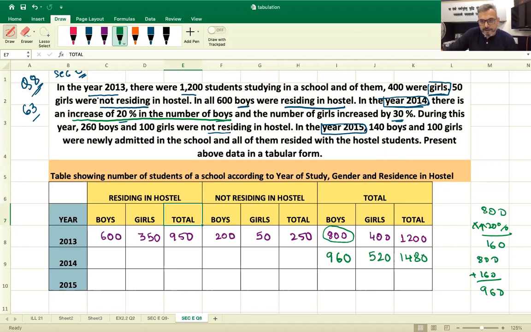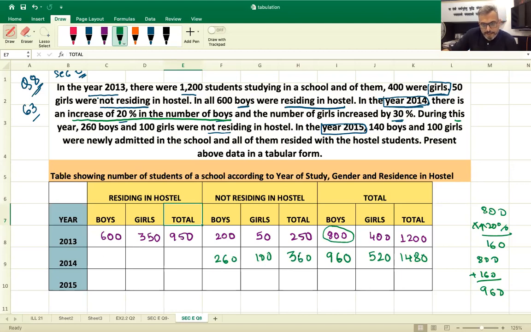During this year यानी 2014 में 260 boys and 100 girls were not residing in hostel. So 260 boys and 100 girls hostel में नहीं थे. So total 360 were not in hostel.